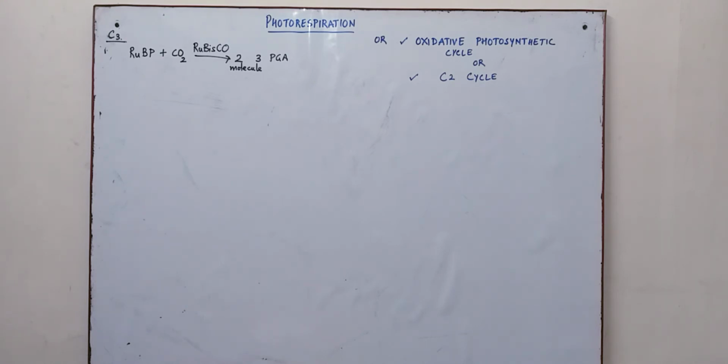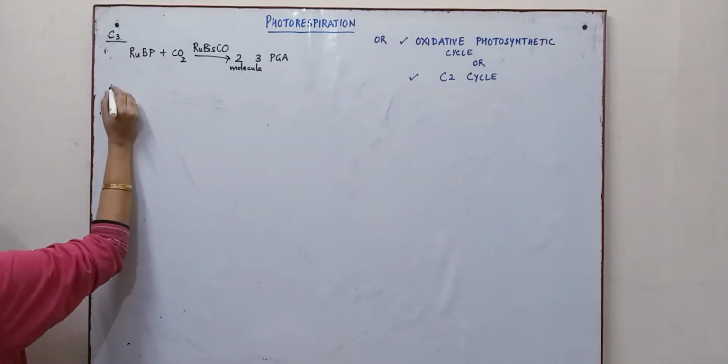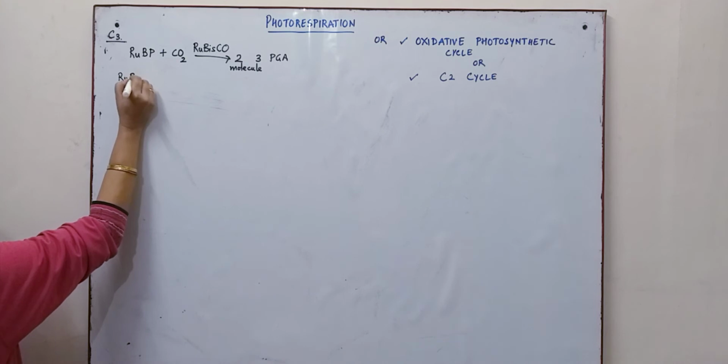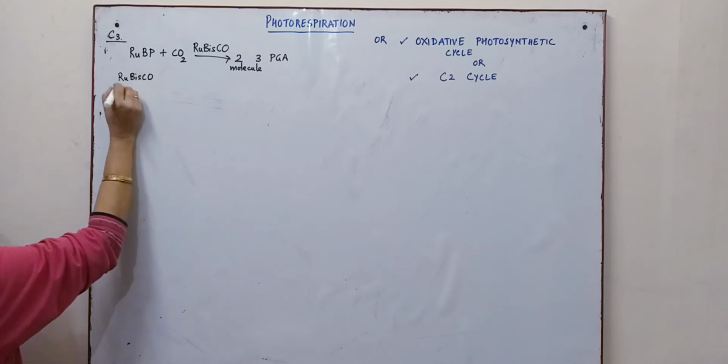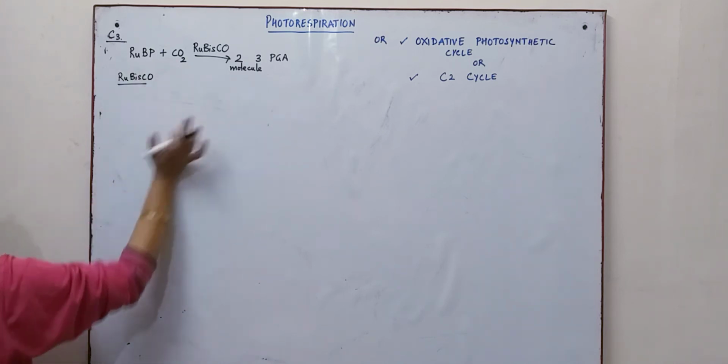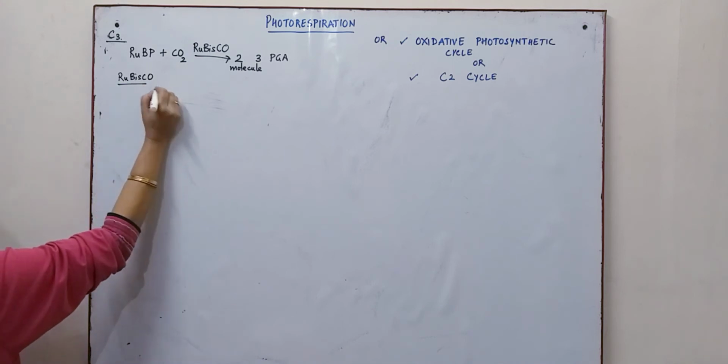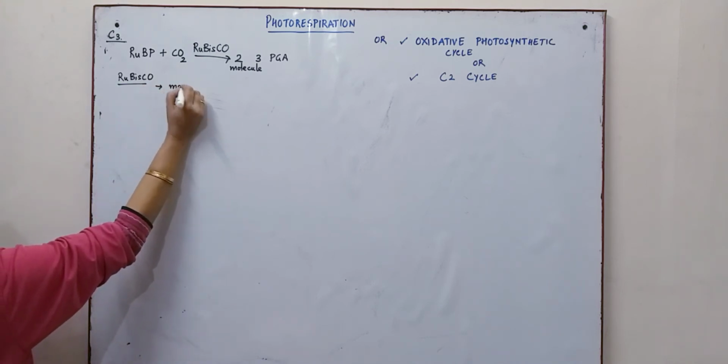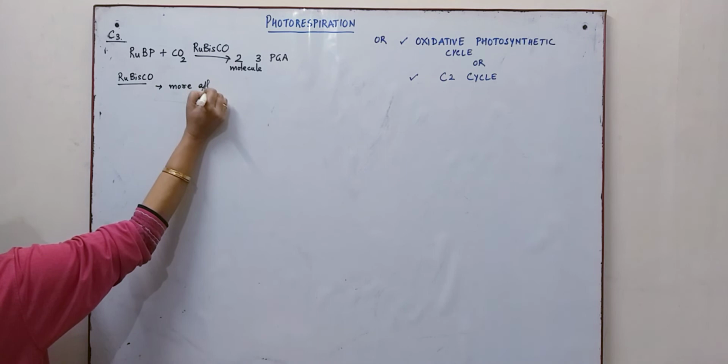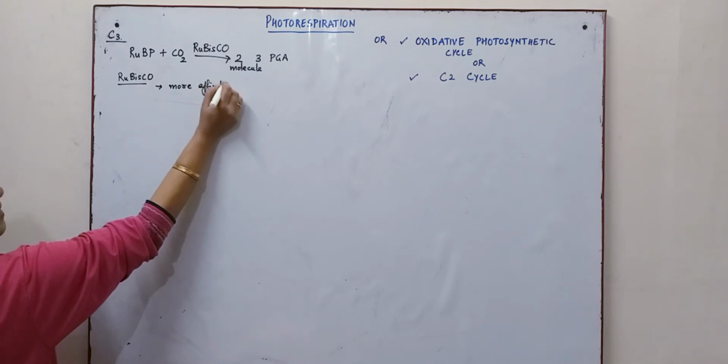Now, the Rubisco enzyme is known to have more affinity for carbon dioxide, so under normal conditions this will happen.